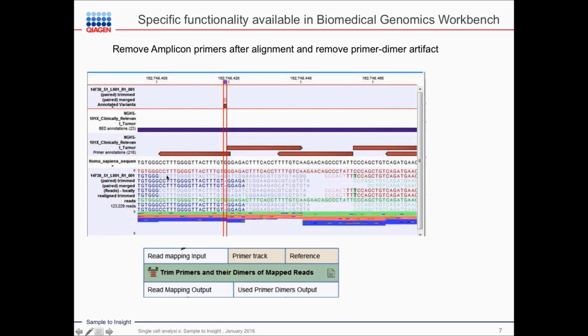So you can tell that the primer region here is included in the mapping, so you get the greater specificity of the read mapping, but is not included in the variant calling. So we are not artificially directed to look for variants where the primers are. And this is based on this specific functionality that is allowing us to trim primers and their dimers for mapped reads, and that's what we're seeing here. This is a primer dimer here.